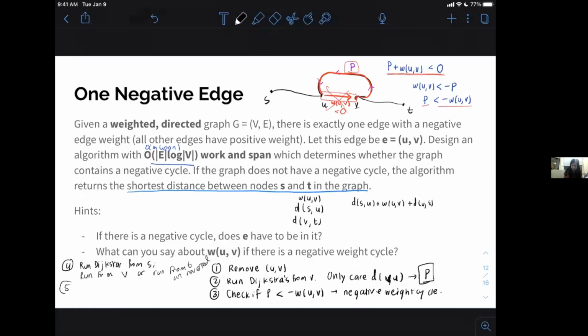And then you check if the distance from S to U plus the weight from U to V plus the distance from V to T is less than the distance from S to T that you got from this run. If this is true, then you return this distance. Otherwise, you return the distance from S to T.